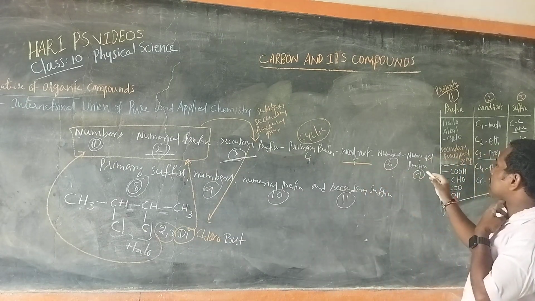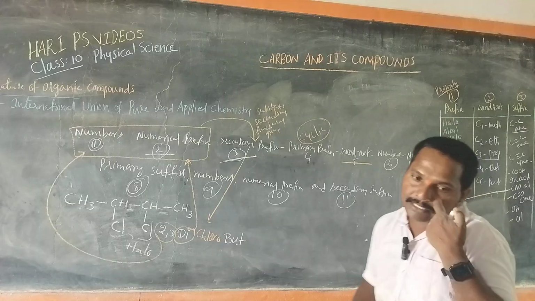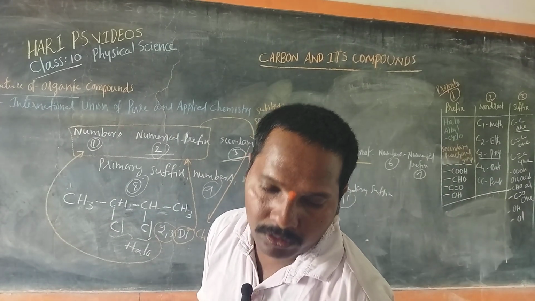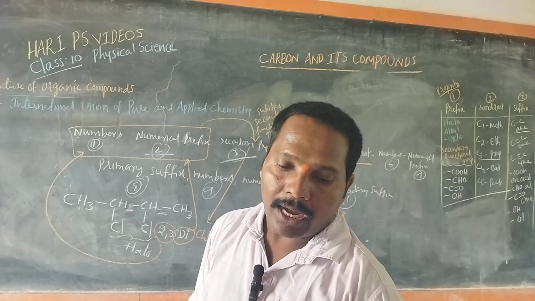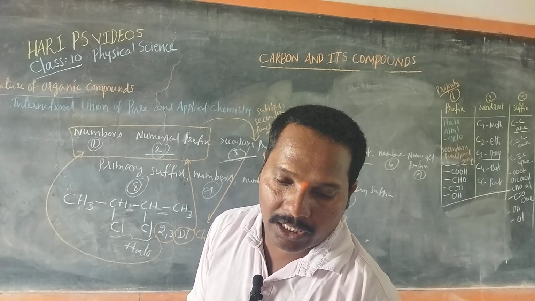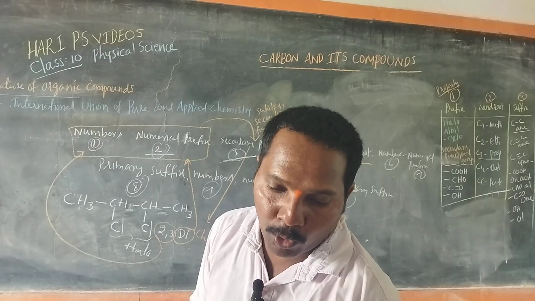After that, again 6, 7. This 6 and 7 tell about the positions and repetitions of the multiple bonds in the structure of the compound.